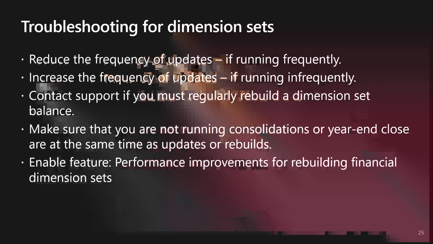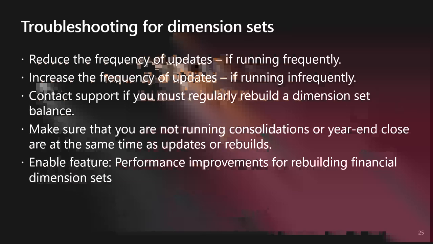On the other hand, if users are having to wait too long for the balance updates, consider increasing the frequency of the recurring balance update or fine-tune it to be more strategic on a per customer basis. The year-end close and consolidation will schedule a full rebuild of the balances for all dimension sets that are tracking balances.